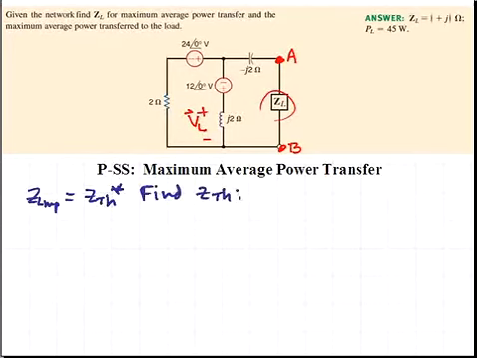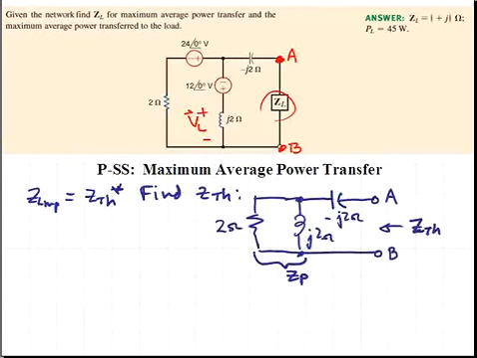The equivalent circuit that we'll work with is obtained by removing the load impedance at the terminals A and B and setting the sources to 0. In this case, both sources are voltage sources, so they will become short circuits. So this is the equivalent circuit. We'll proceed first by calculating the impedance Z sub P, that parallel impedance.